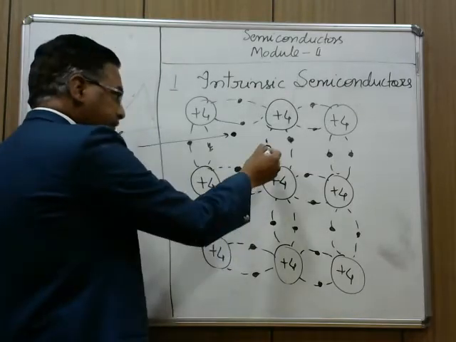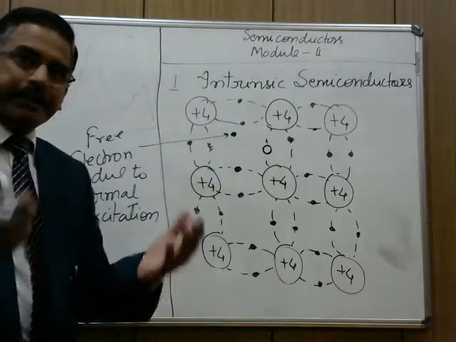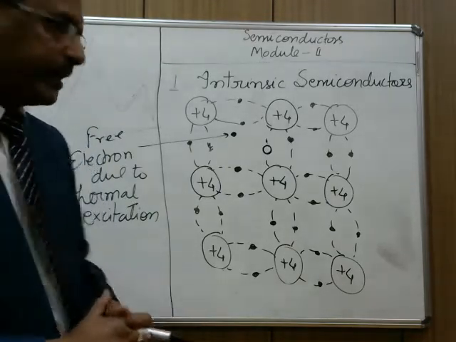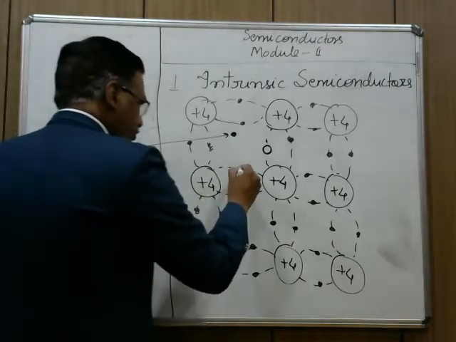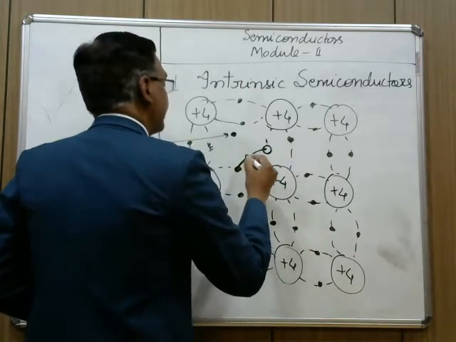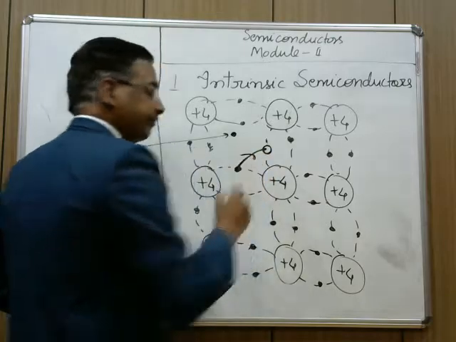Suppose there is this vacancy, and another electron gains energy due to thermal excitation and jumps into it. See the movement of the electron. The electron is moving in this way.